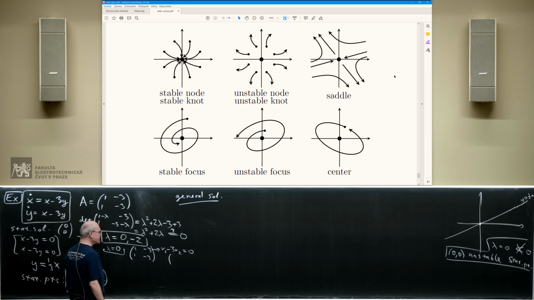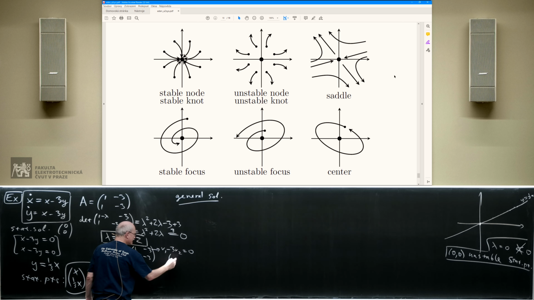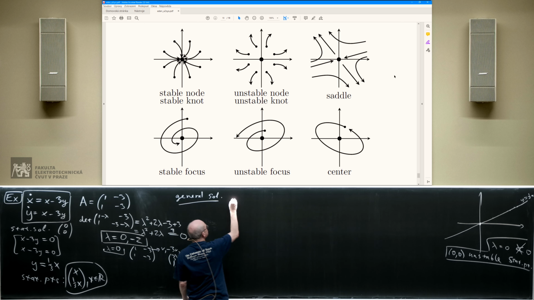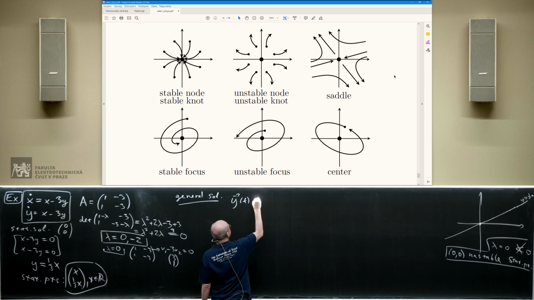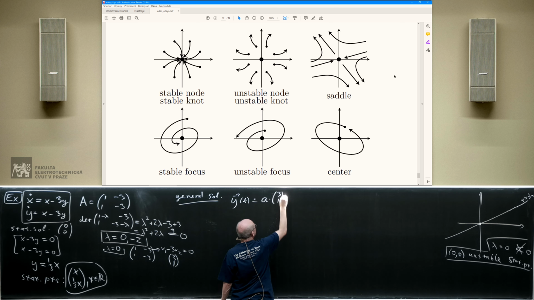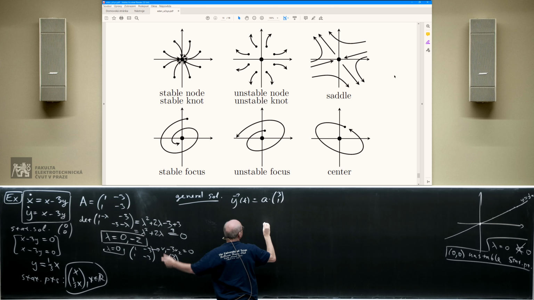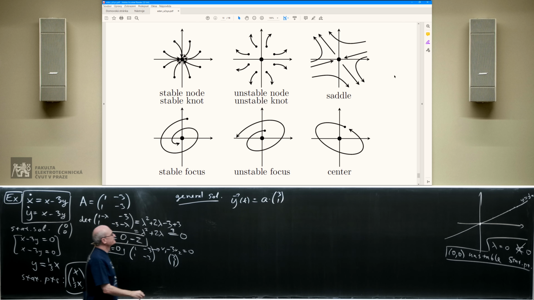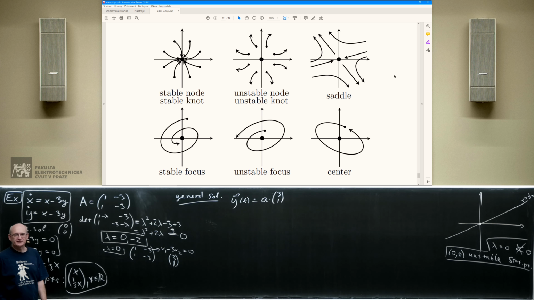So the eigenvector could be, well, let's see, I put 1 for v2 and 3 for v1. That's for lambda equal to 0. So my general solution is A times (3, 1) times e to 0, which is 1. So I can leave it like that. Interesting.